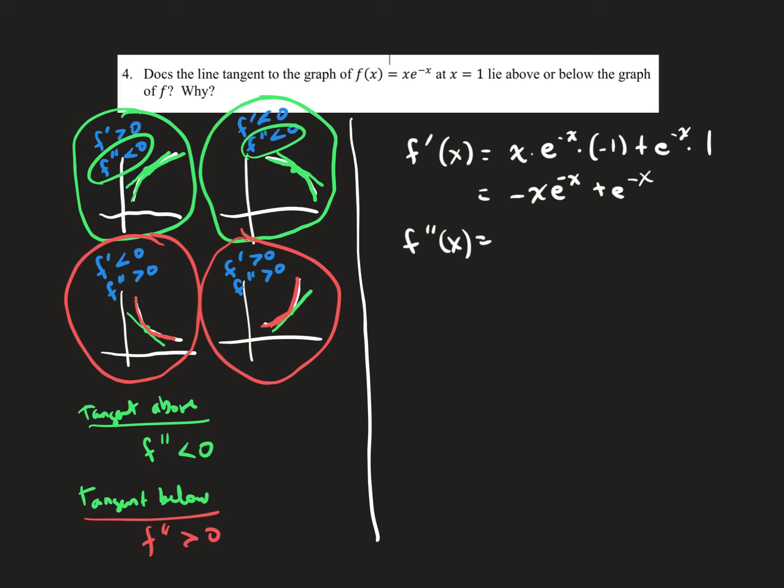And again, the product rule for that first part: first times the derivative of the second, plus second times the derivative of the first. And then plus the derivative of e to the negative x, which again requires the chain rule. I'm going to simplify that. And I think that's negative 2e to the negative x.